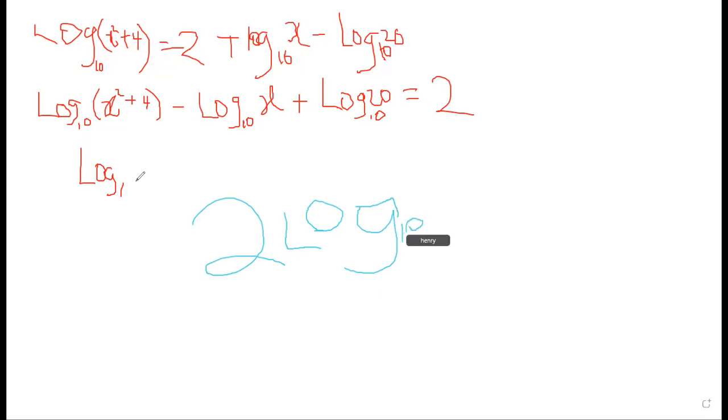I think I get what you're saying now. I should make it 2 log x base 10, right? That's not the same thing. That's only if 2 has a log attached to it, but there's no logarithm attached to 2.